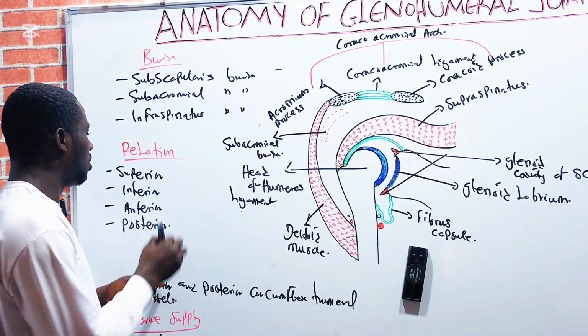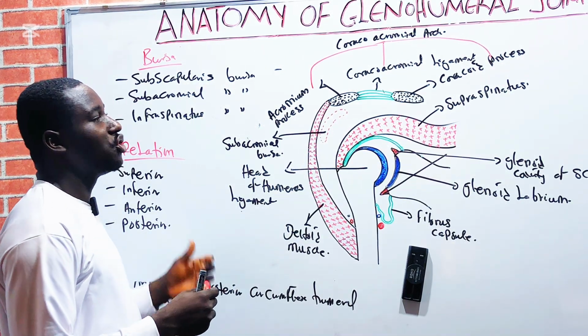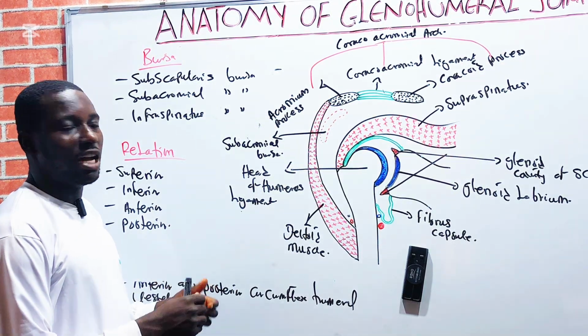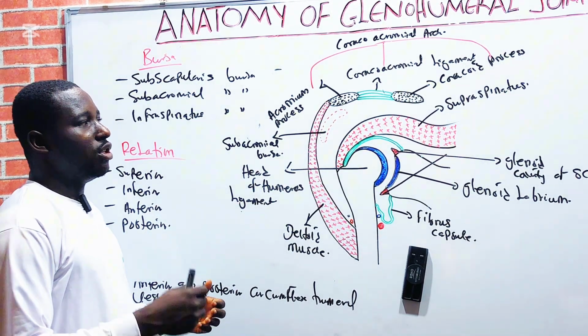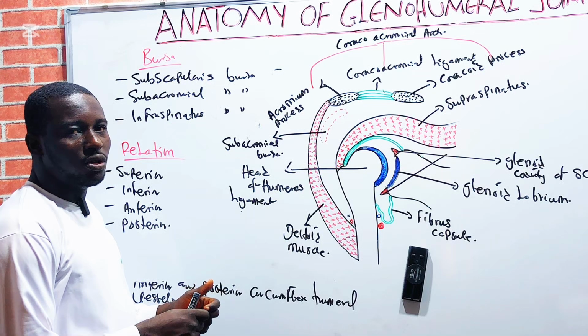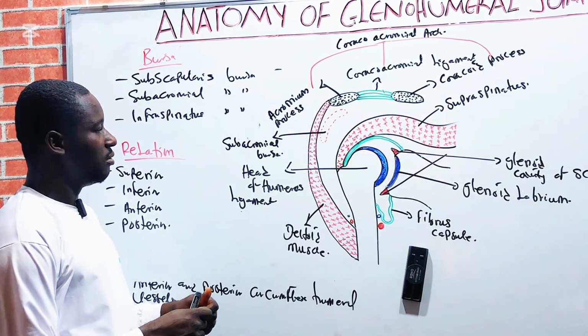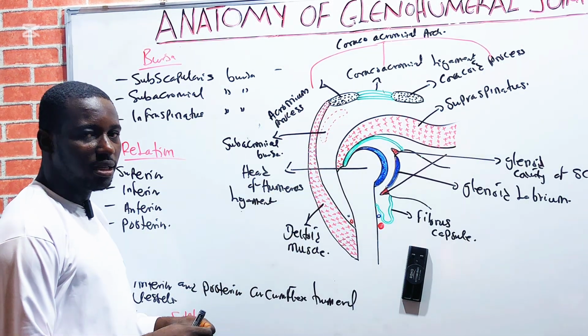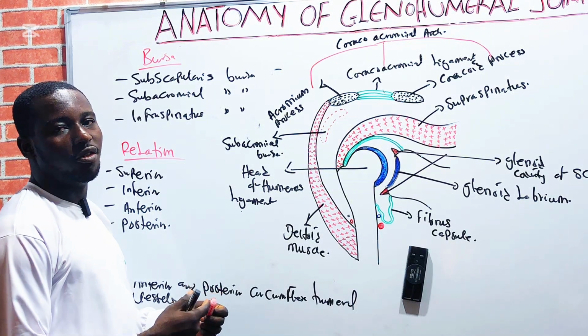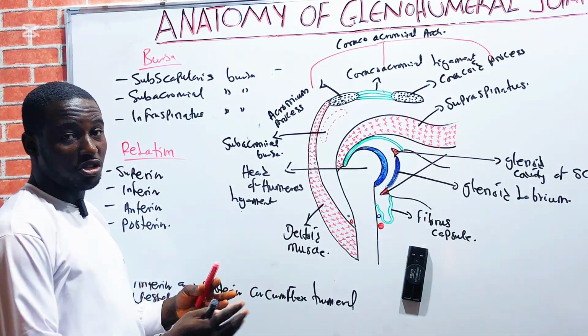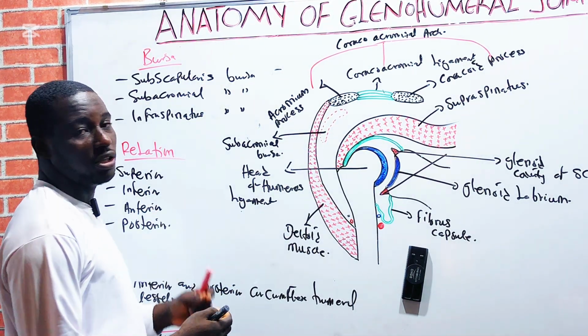The shoulder joint is related superiorly to the coracoacromial arch, the supraspinatus muscle, the subacromial bursa, and lastly to the deltoid muscle. So those are the four structures that are related superiorly to the shoulder joint.